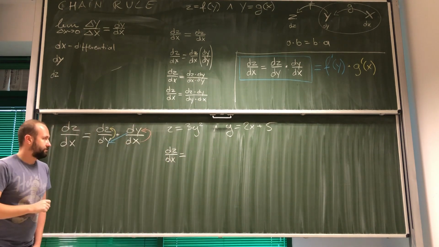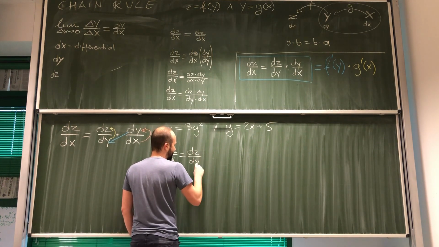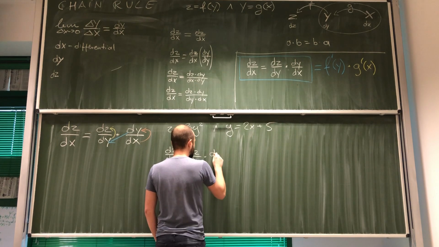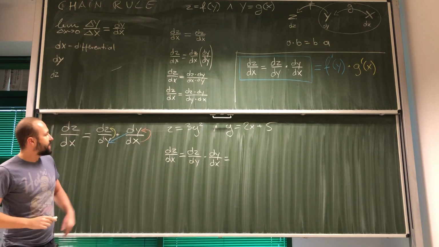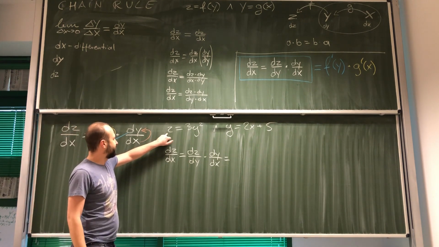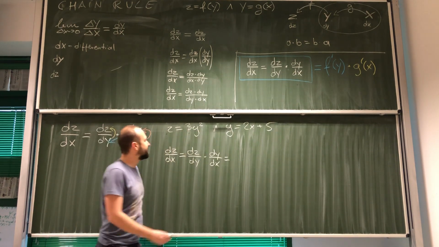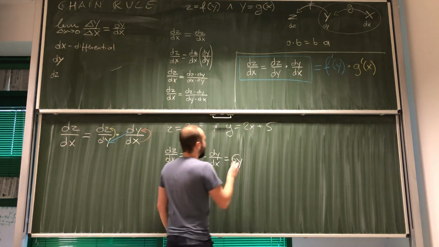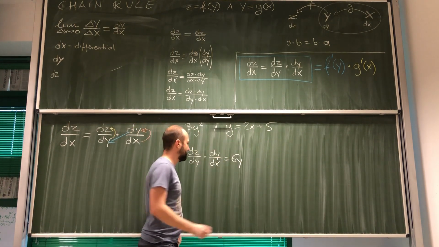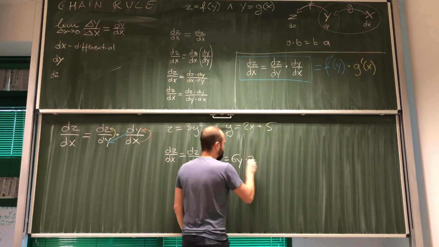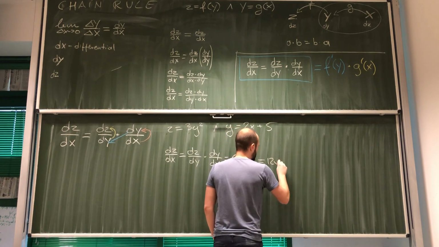From the chain rule, we know that this is going to be equal to dz/dy times dy/dx. So now I need to calculate derivative of z with respect to y. Very easy, right? 2 goes up front, I get that this is 6y. And then I need to calculate derivative of y with respect to x, which is simply 2. And out of this, I'm getting that this is 12y.